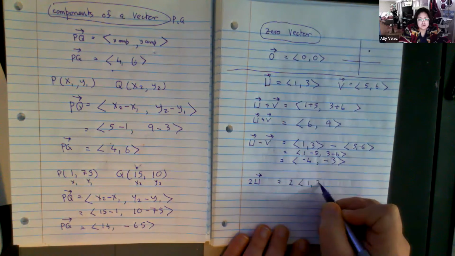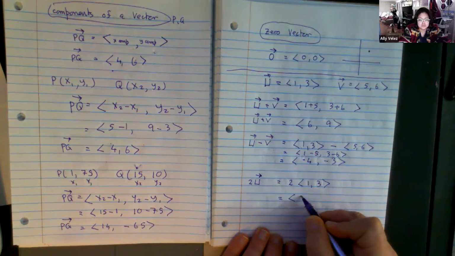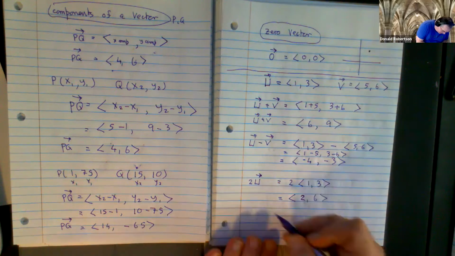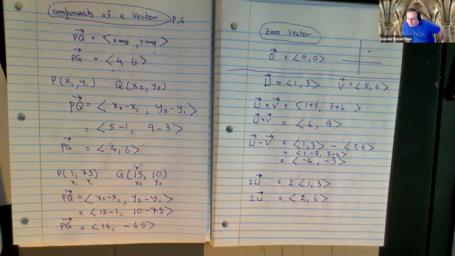Just multiply each x and y by 2? Yeah. Intuitively, aren't vectors behaving the way they should? They're not doing anything too weird. If you want to add them, you just add them. If you want to subtract them, just subtract them. If you want to double them, just double them.